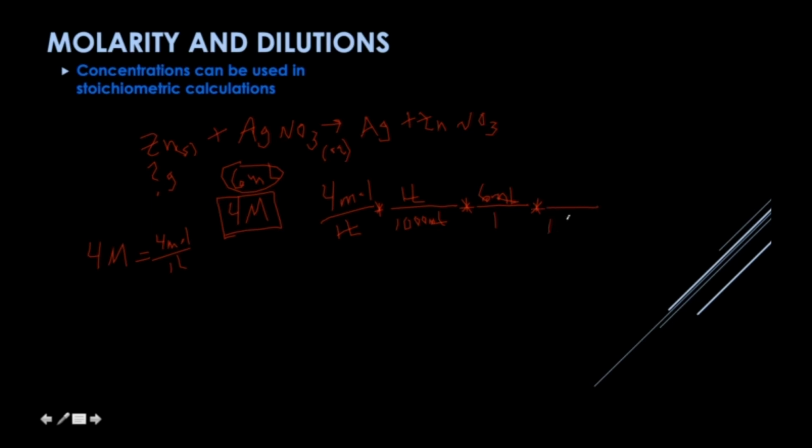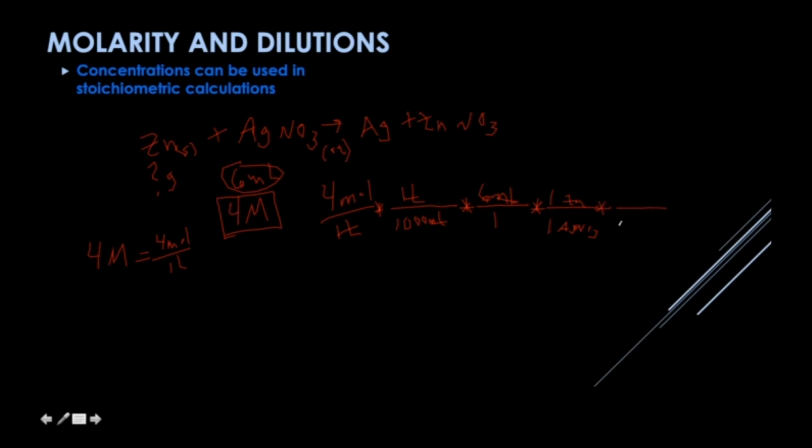So for every 1 silver nitrate, we have 1 zinc. And I know I should be using moles, but if I keep writing, my pen tends to start working weird, and I'm trying to avoid that at all costs.